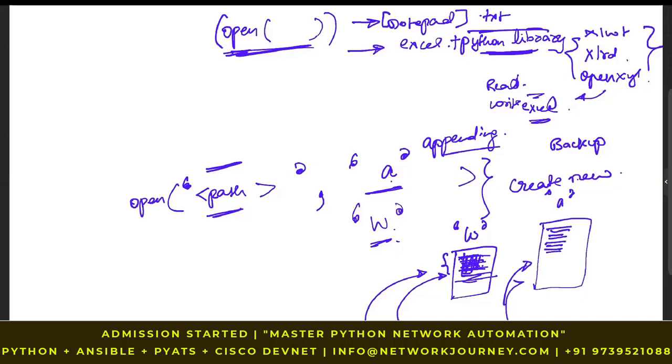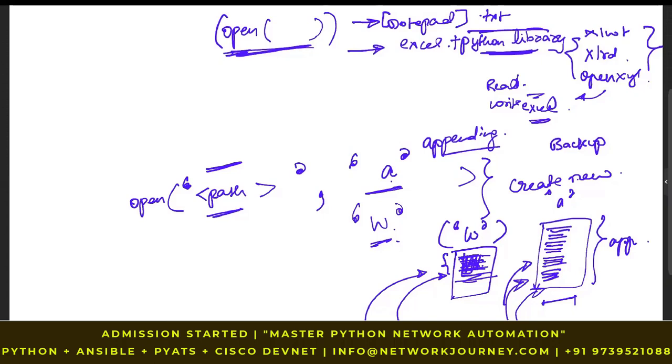You will run it one more time, it will go to the bottom. That means they are getting copied to the bottom of the existing lines itself. But W, on the other side, will erase the previous content and overwrite with the fresher data.